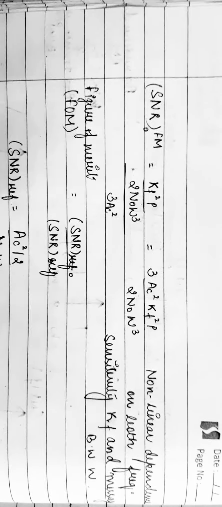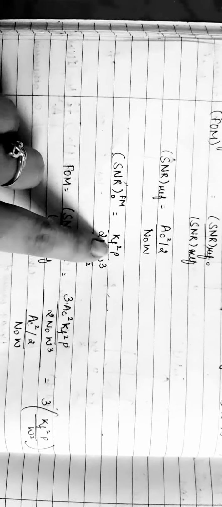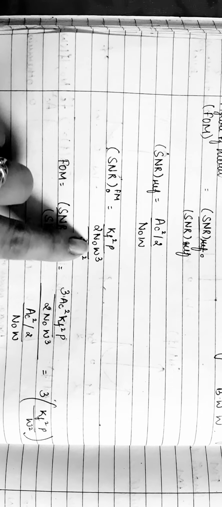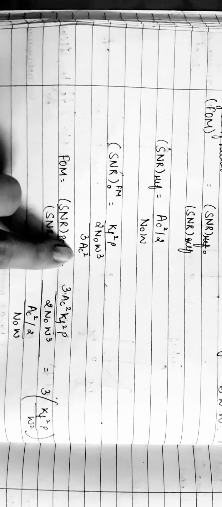After this we will be calculating our figure of merit. The figure of merit is equal to the SNR output upon the SNR reference. For the SNR reference, we know that it is A_C square upon 2 N naught W, and we know that the SNR of the FM output is equal to k_f square P upon twice of N naught W cube upon 3 A_C square.